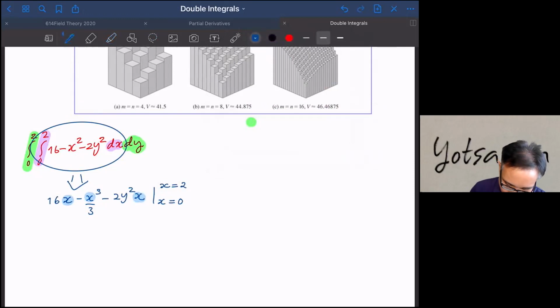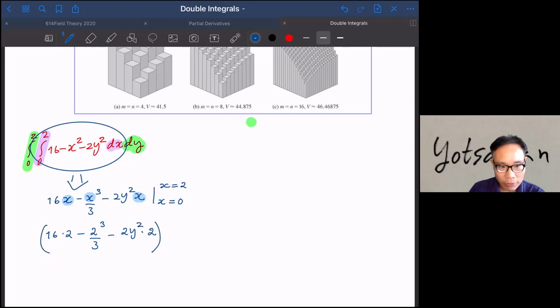So you would just have 16 times 2, 2 to the third over 3, and 2y squared times 2. This is for x equal to 2, and you subtract the value for x equal to 0.